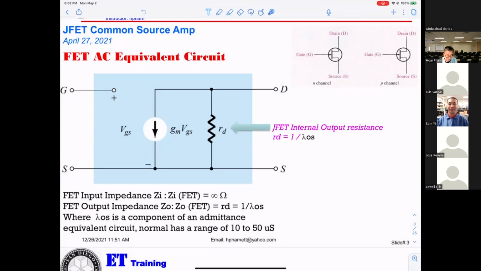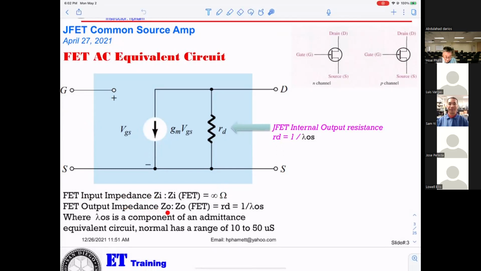Okay, let's see the FET input impedance. That means you're looking into the input of the JFET. You get a very big resistance, and they really want it to be infinity.